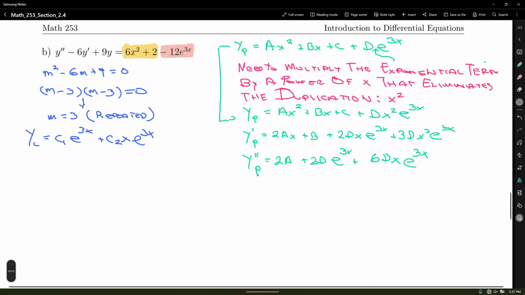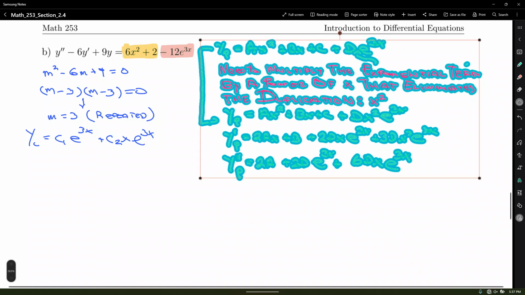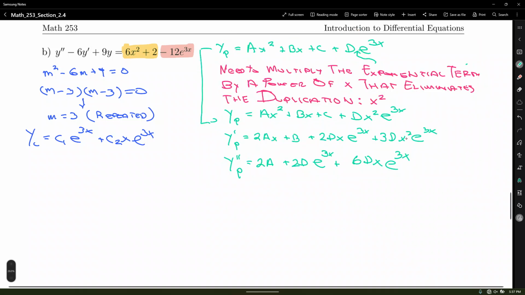Let me make some room first, because I may need it. Now we need to differentiate this 3dx squared e to the 3x. This is a square, not a cube. But we actually differentiated this dx squared e to the 3x a couple of lines ago, so I'm simply going to do plus 3 times whatever we get from differentiating this product.